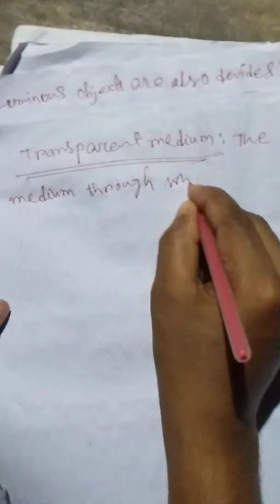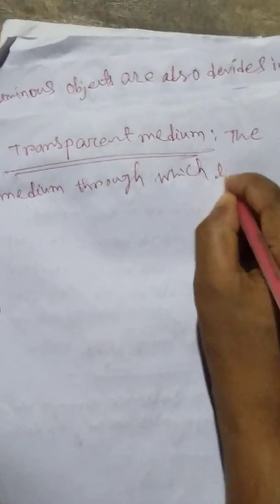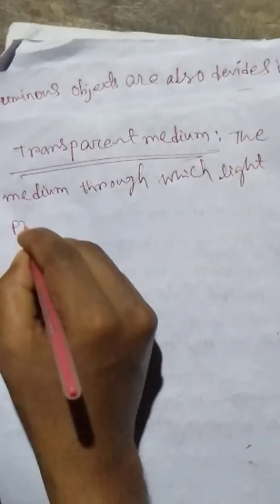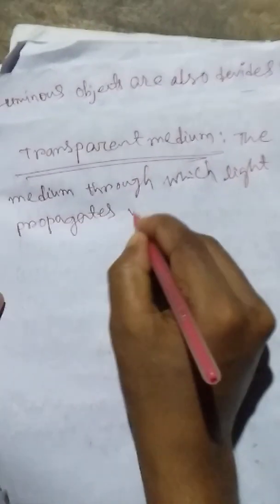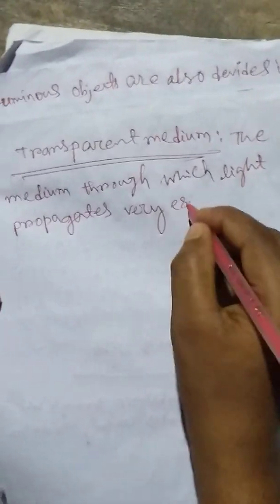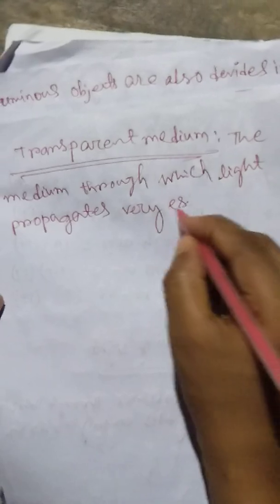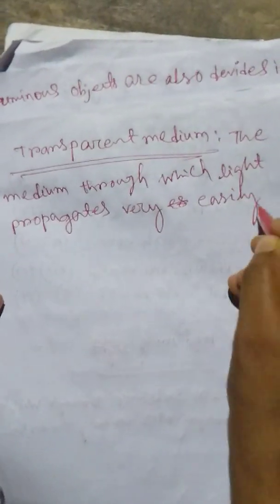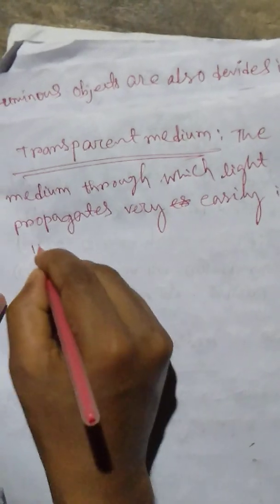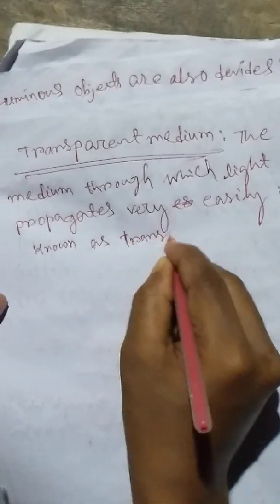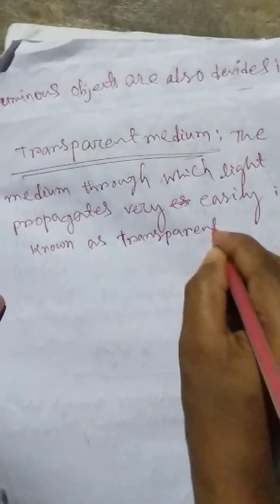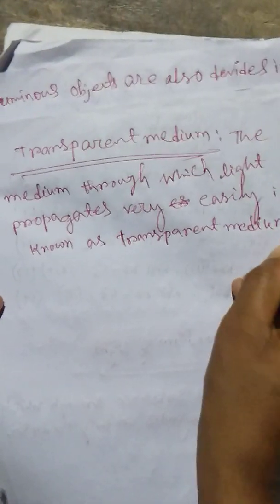The medium through which light propagates very easily is known as the transparent medium.